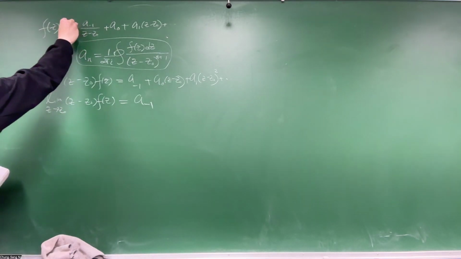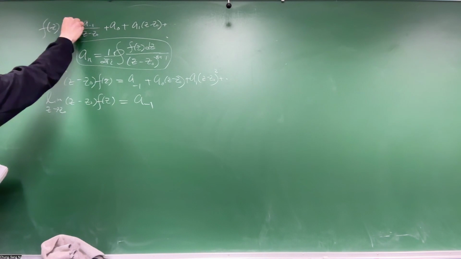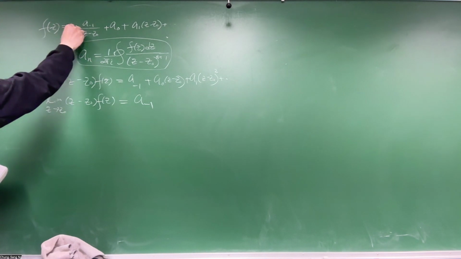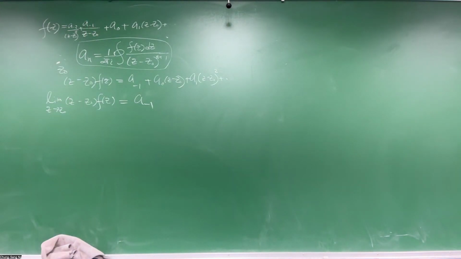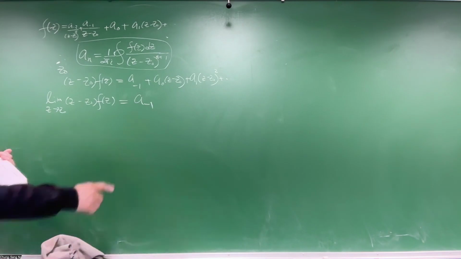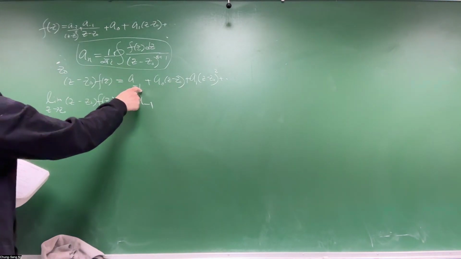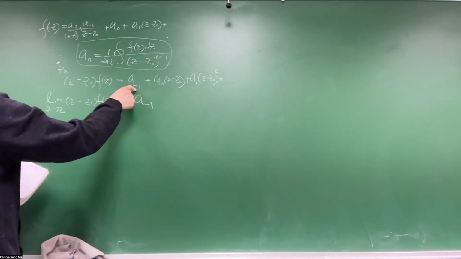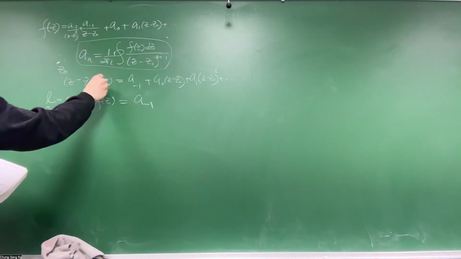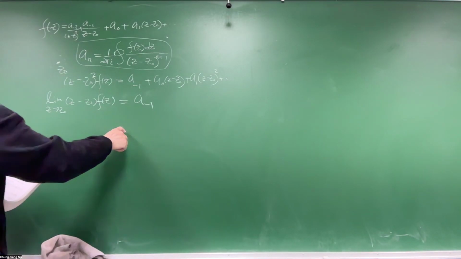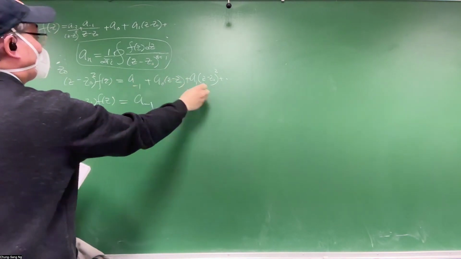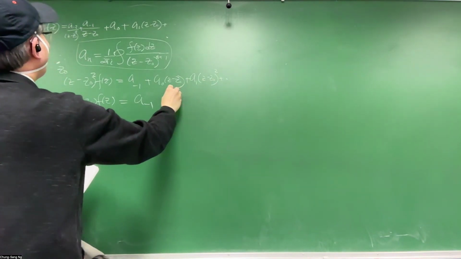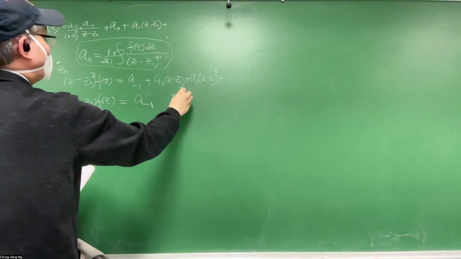Now, if you have another term, so you have a minus 2 divided by z minus c sub 0 to the second power. Obviously, to get to a minus 1, now you need to multiply by the square, and then everything increases by 1 power, but you have a minus 2 also.